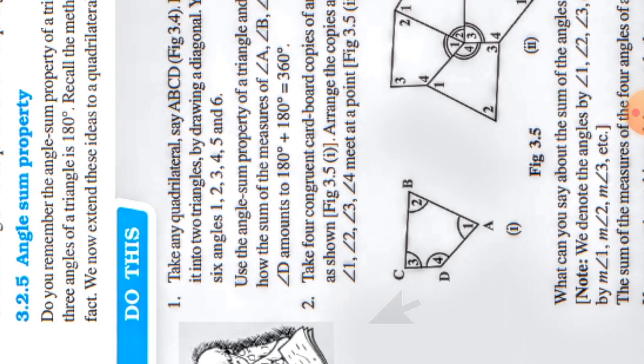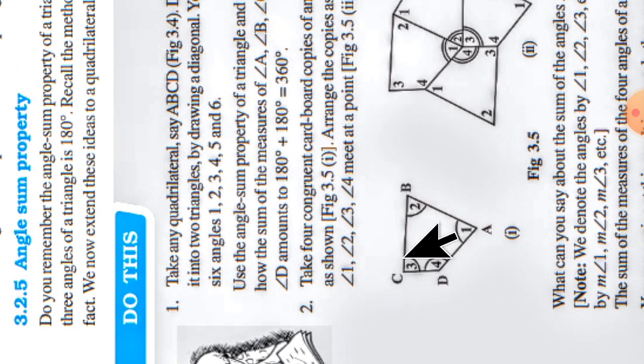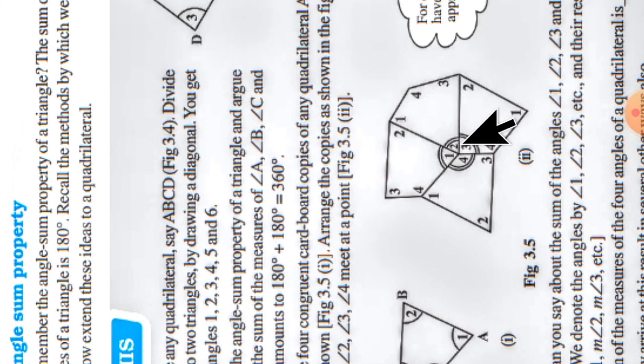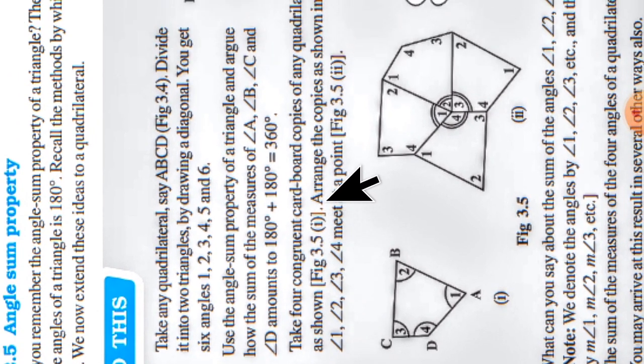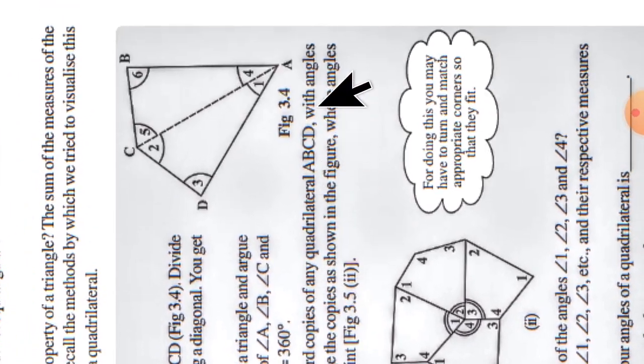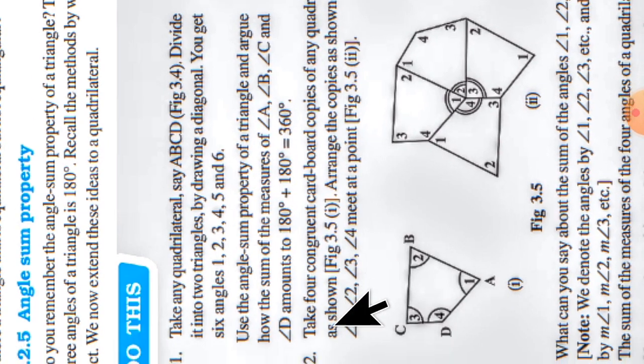Now let us see one more activity, where we take cardboard copies of a quadrilateral of similar shape. We adjust them in such a way that each angle comes one by one in the center. So take 4 congruent cardboard copies of any quadrilateral ABCD with angles as shown in the figure.